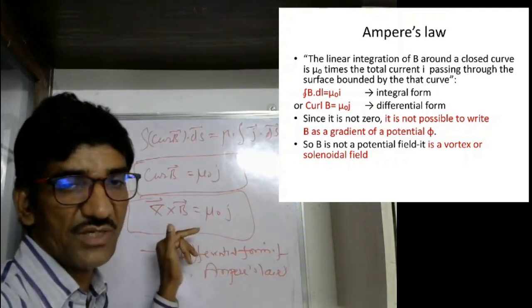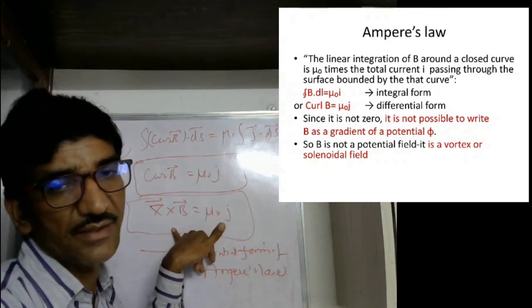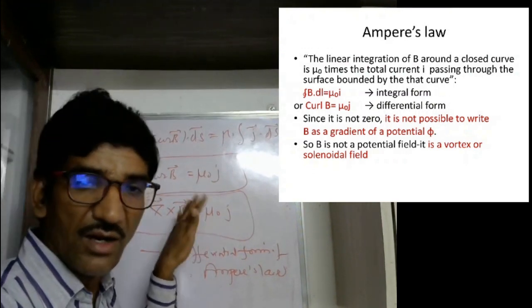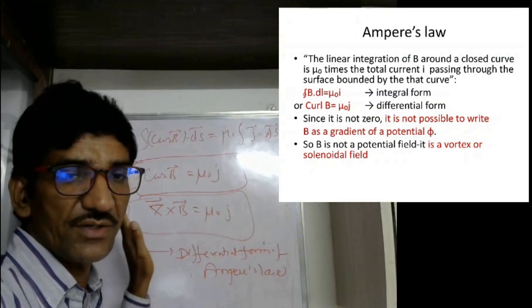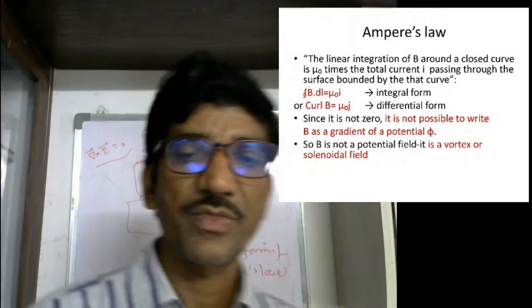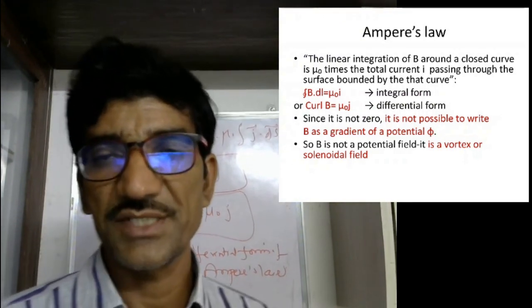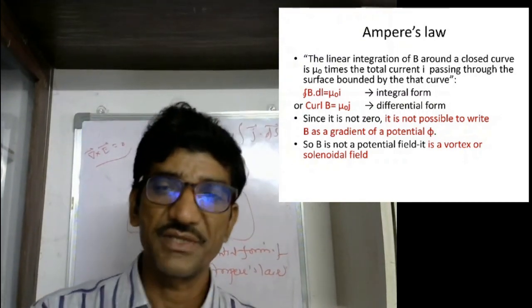Because B is not an irrotational or conservative force field, it is not possible to define a potential in this case. This is the nature of the magnetic field.